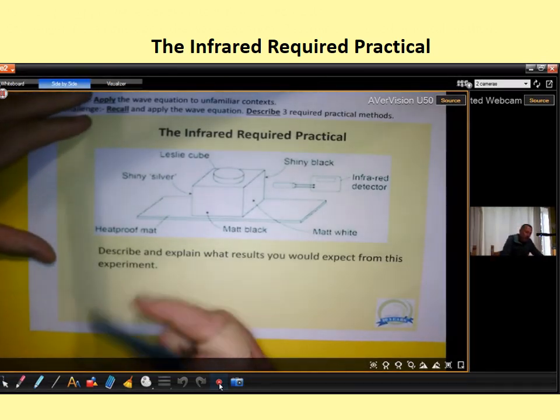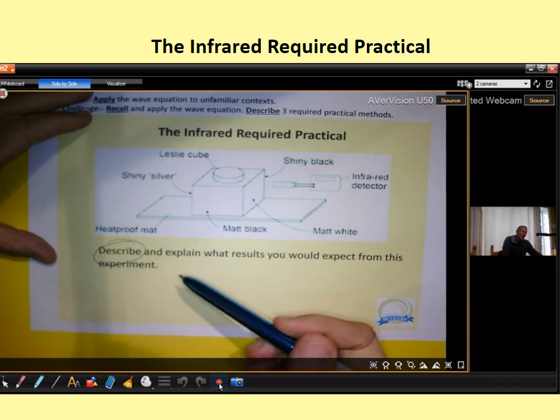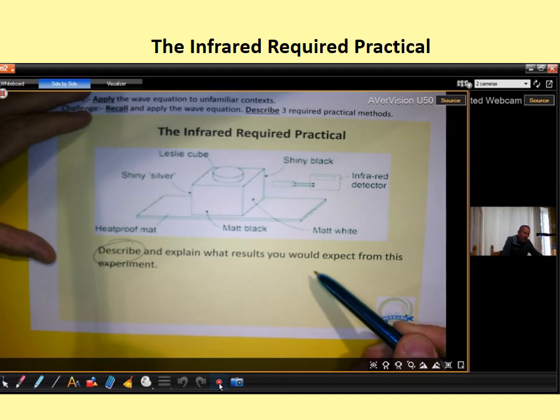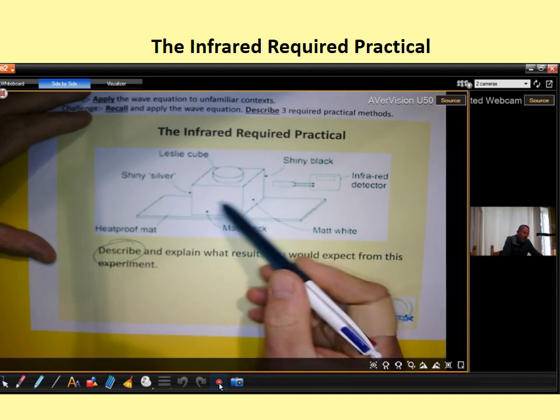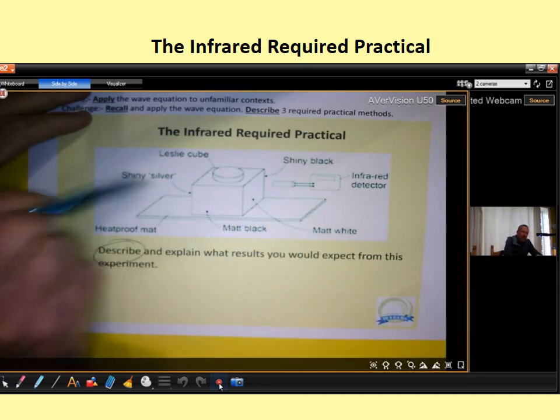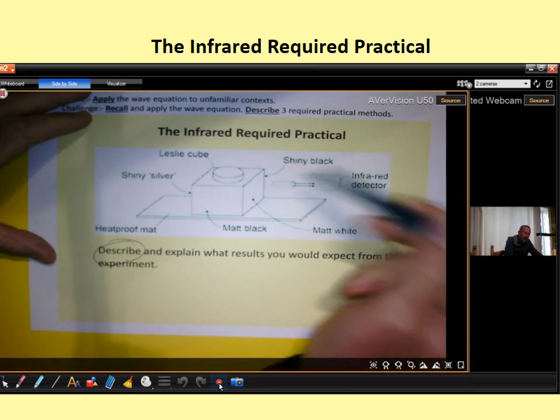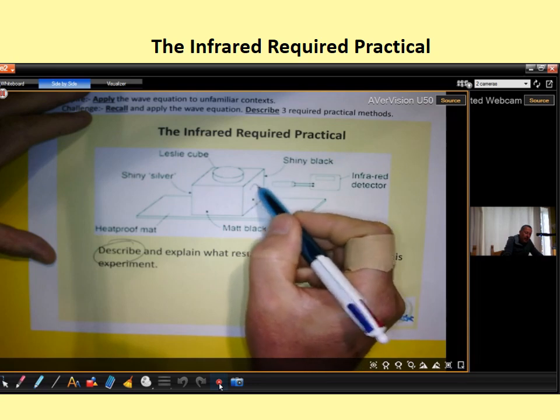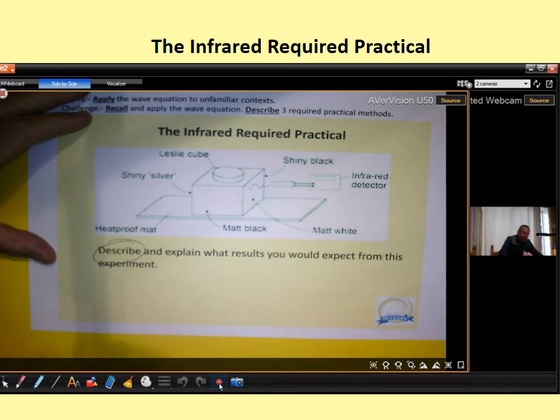So we've got describe first of all, so we just need to say what we would see, what we would observe from this experiment. So we've got matte white on one side, matte black, shiny silver on the other side, shiny black on the back. So what you would see is that the amount of infrared radiation on that detector depends on the colour.